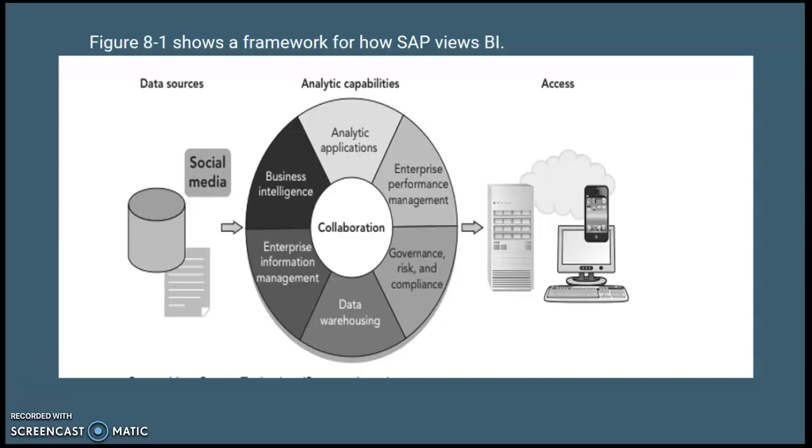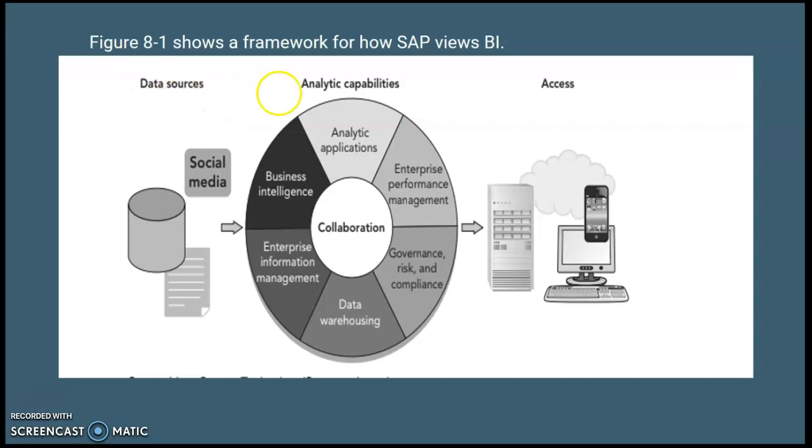Next, this figure shows a framework for how SAP, or Systems, Applications and Products, views BI, or business intelligence. So on the left side of the diagram are the potential BI data sources, which are growing both in number and in the volume of data produced.